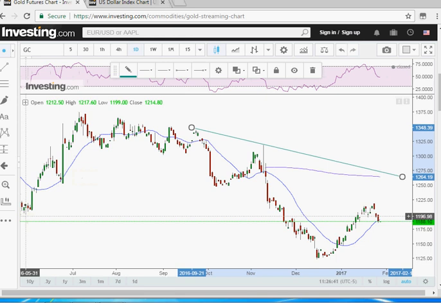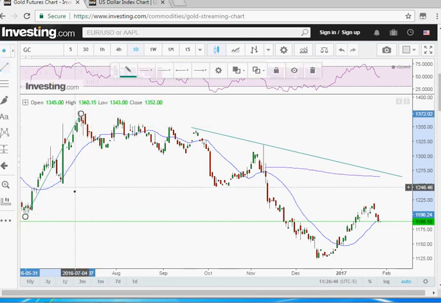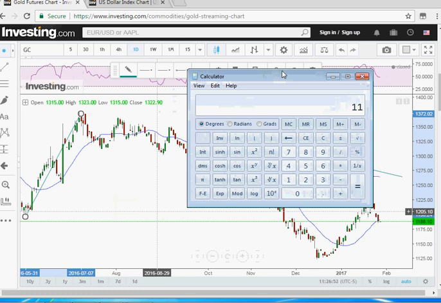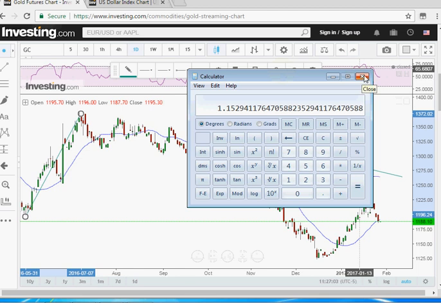If we look at the previous intermediate cycle, the advancing phase allowed the gold price to increase from around 1180 to 1372 or so. That is a 15% increase. If the same percentage applies to the current intermediate cycle, then price is expected to top at around 1293 per ounce of gold.